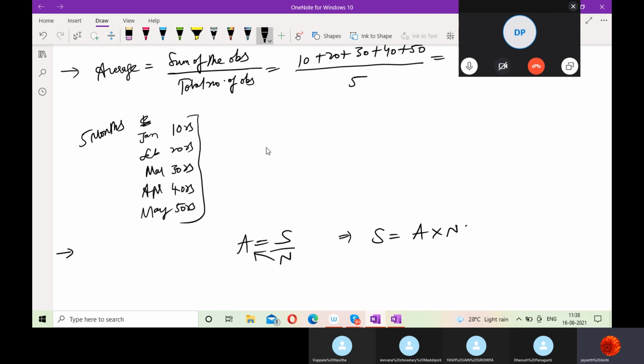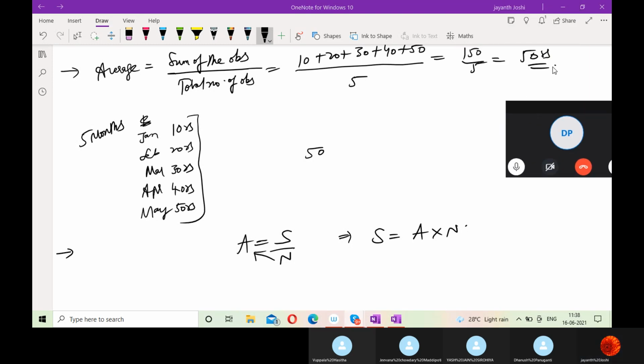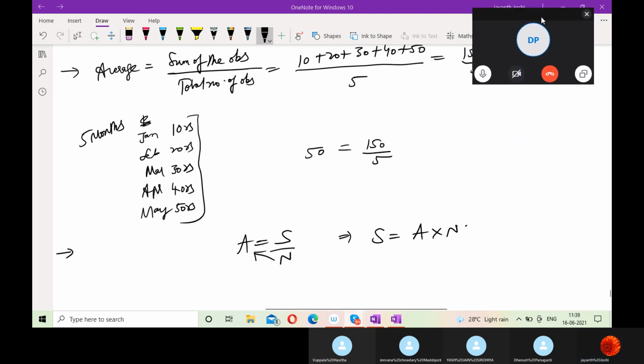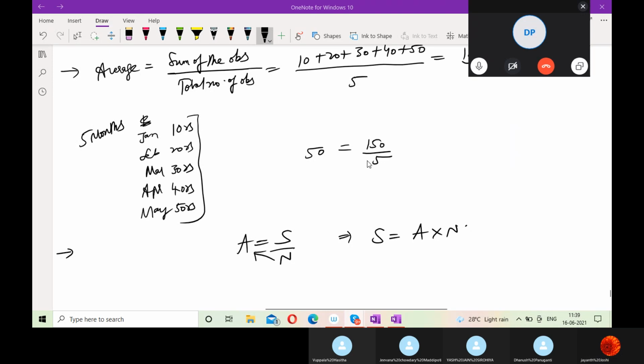So if the average you got was 50 in the previous case, and that is sum of the observations by number of observations, this implies if I want to find the sum, it is average into number. Actually, it is 30, no? Why don't you correct me?